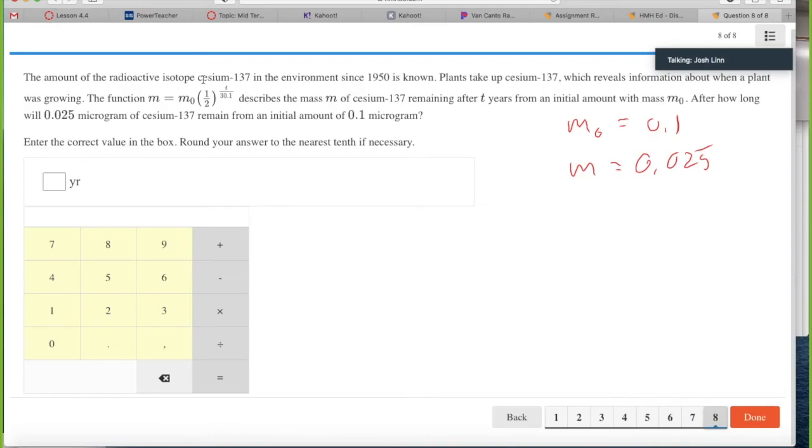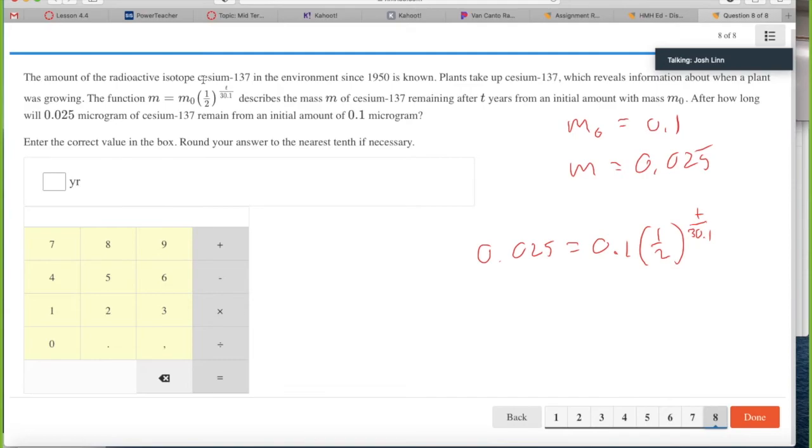So we've got 0.025 equals 0.1 times 1/2 to the power of t over 30.1. So originally when we saw something like this, we'd have to like graph it and basically find the point of intersection. Now we have some math that we can do to figure this out.